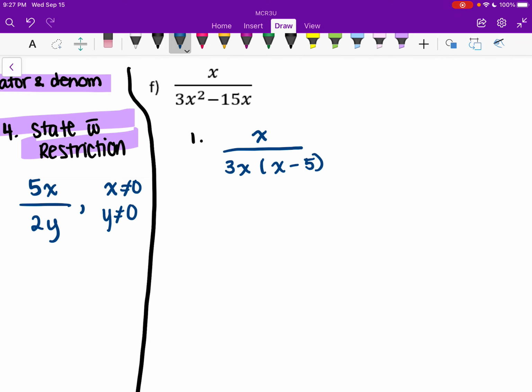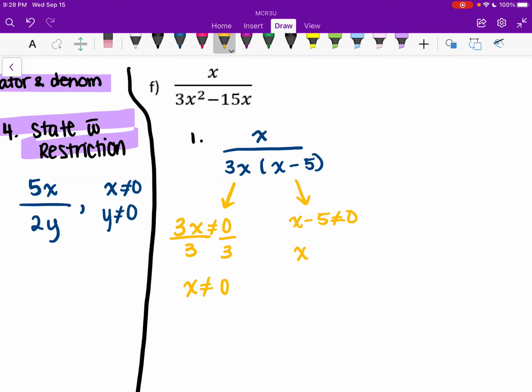We're left with x minus 5. We're going to split this up so that we can solve what this would be like if it was 0. So 3x cannot equal 0, right? And we're left with x minus 5 cannot equal 0. I'm just going to divide both sides by 3. X cannot equal 0.